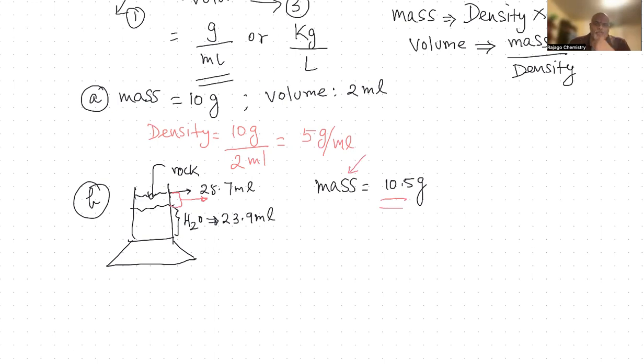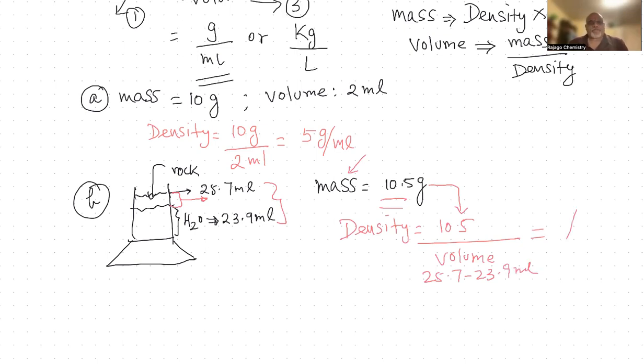So basically what we have to do is density is equal to mass, that is 10.5, divided by the volume, which is the amount that is displaced. That is 25.7 minus 23.9 to get the final answer. This is a very simple way to calculate the density of a substance by putting it inside water. That's called the displacement method.